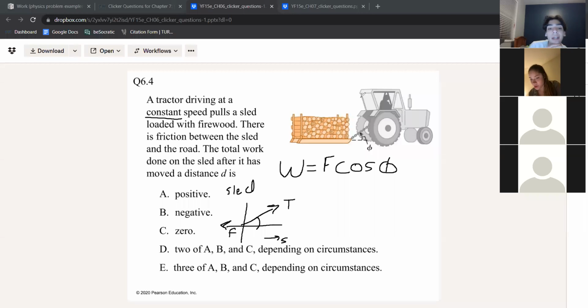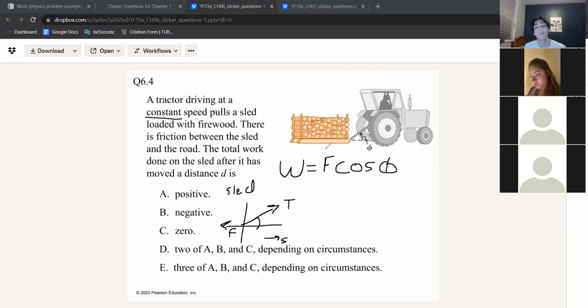While she's doing that, I don't think I answered. I feel like it would be positive work. Well, actually, wait a minute. It says the total work on the sled. And I remember friction is proportional to weight and force. For example, the more you pull something along, the more friction force there is. But the friction force will never be more than the force pulling it, because it's still moving.